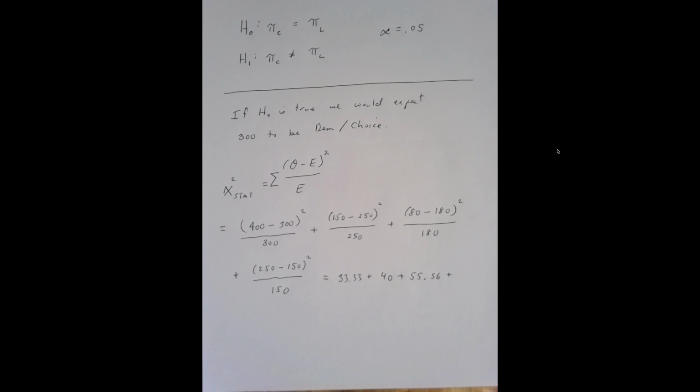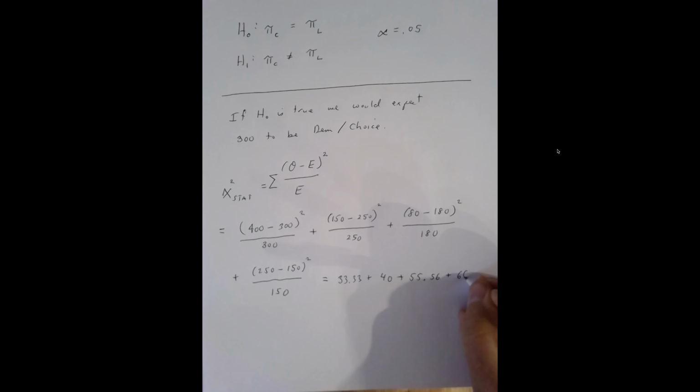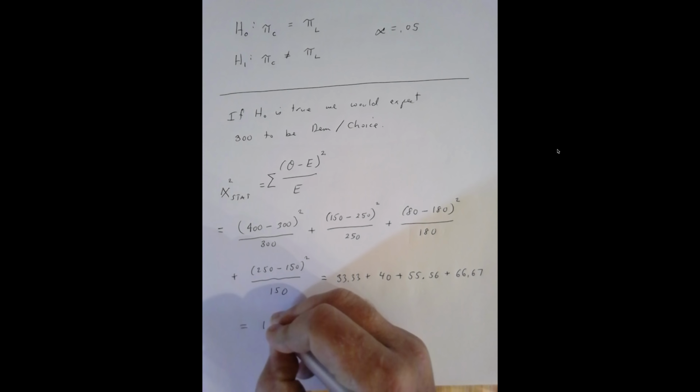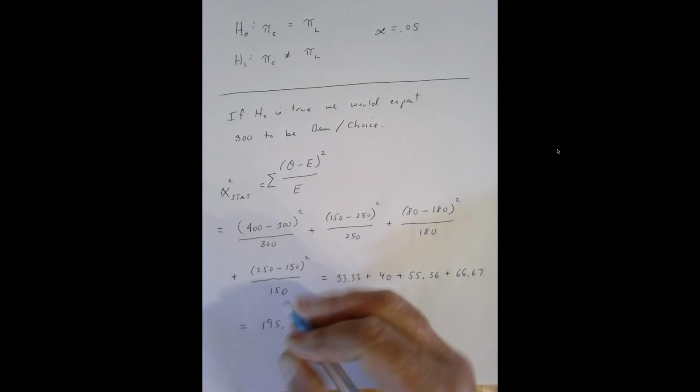And the last one, I have 250 minus 150 quantity squared divided by 150, and I get 66.67. Now if I add all those up, I get 33.33 plus 40 plus 55.56 plus 66.67. I get 195.56.